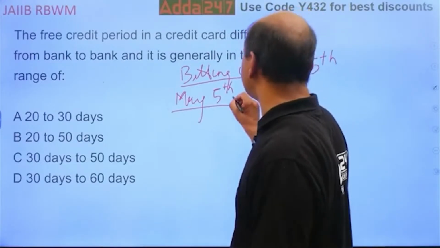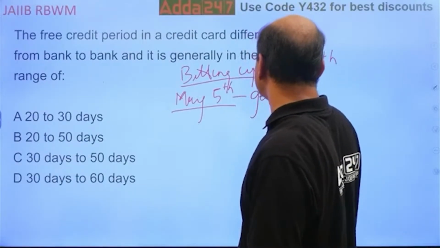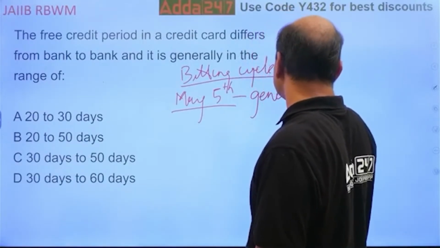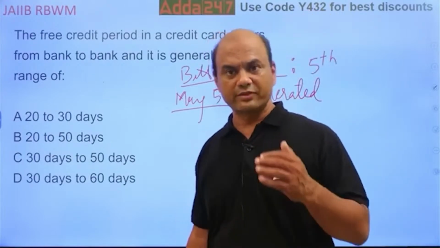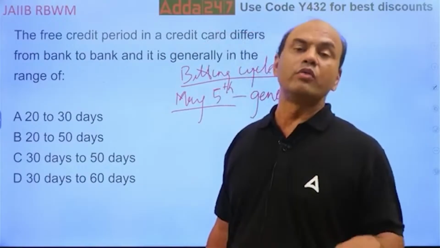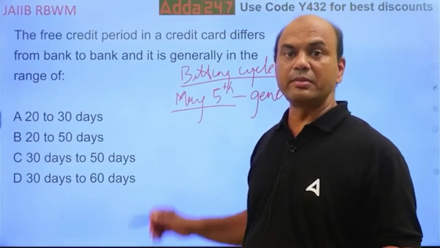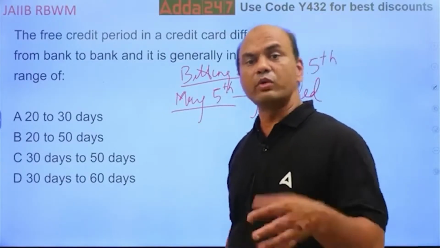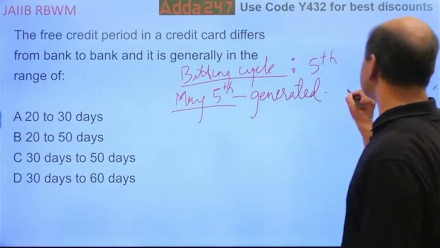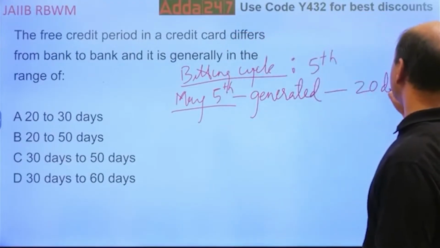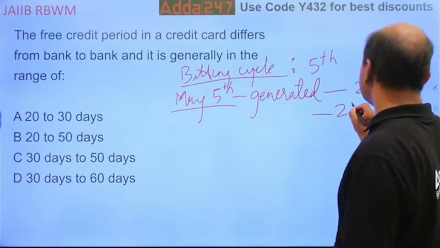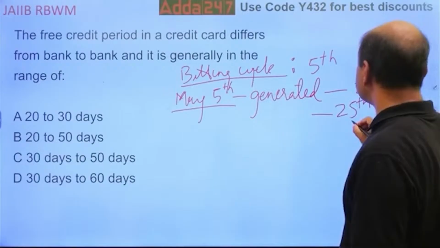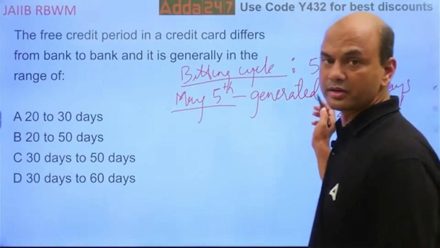See, on the 5th of May the bill is generated. It means up to the 5th, for last month, whatever I have purchased, I'll be billed on this date. When do I pay? I have 20 more days. So I'll be paying on the 25th. On the 25th I'll have to pay. This is my due date.